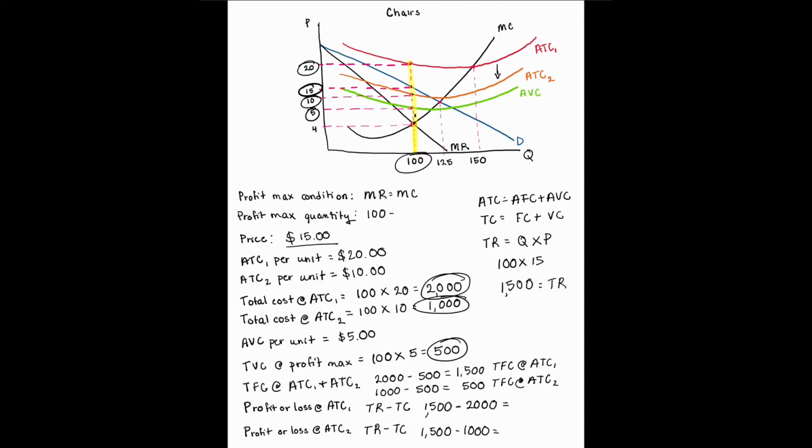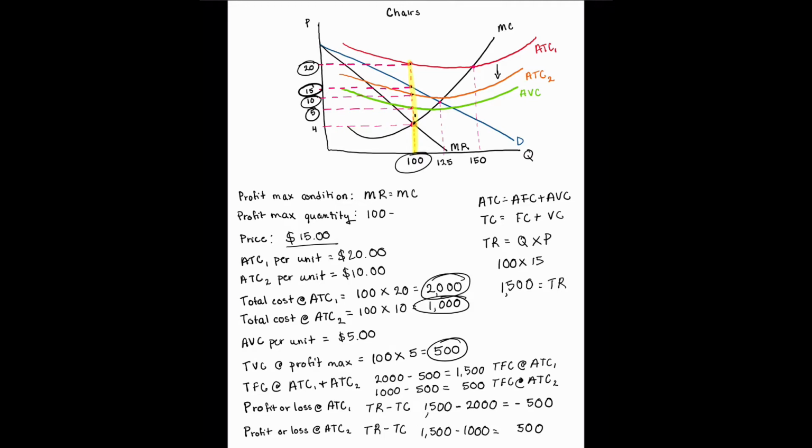Therefore, we're going to have a loss of 500 at ATC1 and a profit of 500 at ATC2.